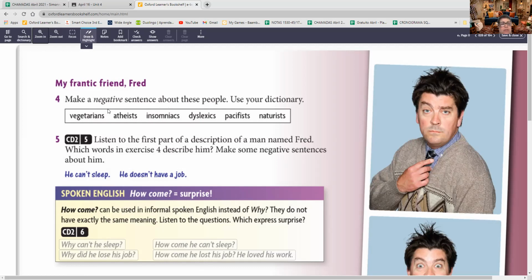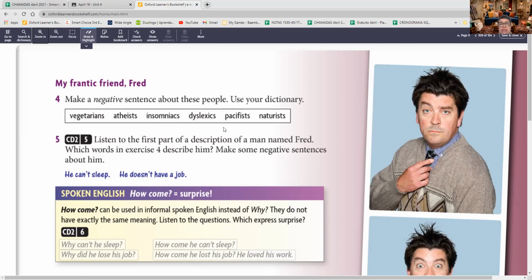So here, all the names, right? I mean, not adjectives, but all the nouns, because I'm describing someone, but I'm giving the name of those kinds of people. So we have a group, in general: vegetarians, then atheists, insomniacs, dyslexics. What is a dyslexic person? Do you know? Dyslexia, yes, a person who can't read or write appropriately.